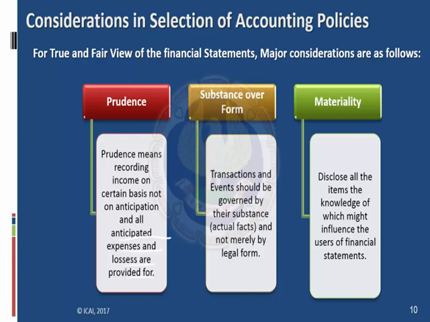Just an example: contingent liability. Entity A has a balance sheet size of 100 crores. A customer has filed a legal suit against entity A claiming an amount of rupees 50 crores, which is a material amount.